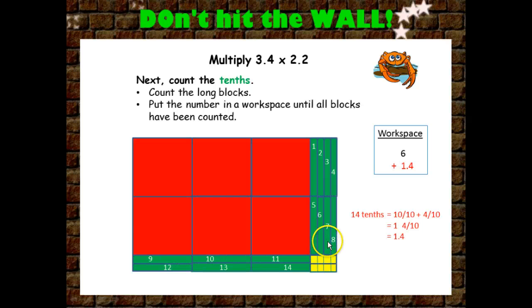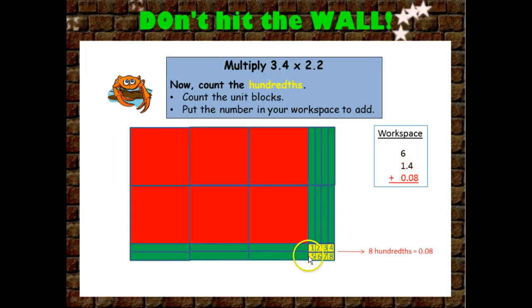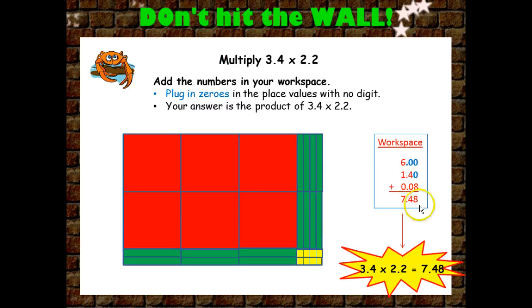I know that 10 tenths makes a whole group of 100, because if we think about our hundreds chart, 10 rows of 10 make 100. So I have 1 whole and 4/10, or 1 and 4/10. Then I need to count my hundredths, and we have 8 hundredths. So when I add my wholes, my tenths, and my hundredths together, I get 7 and 48 hundredths. So the product of 3 and 4/10 times 2 and 2/10 is 7 and 48 hundredths.